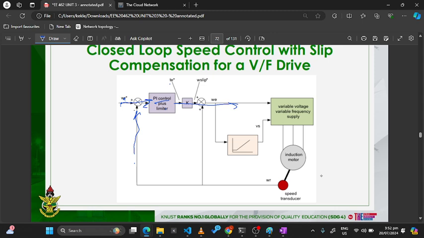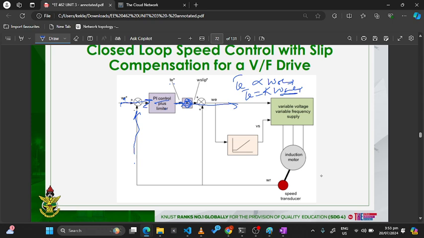So the error here, or the actuating signal, goes through the PI controller. Its output is a torque demand. This torque demand times this proportional gain will give you omega slip, because we said our Te is proportional to omega slip. So Te should be equal to a certain constant times omega slip.